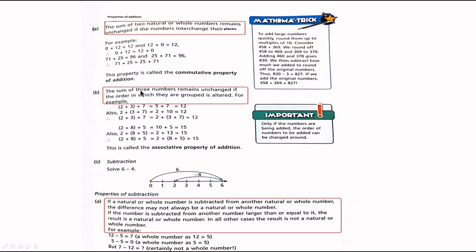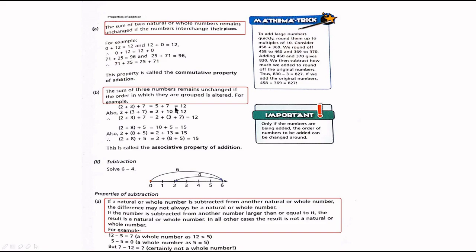B. The sum of three numbers remains unchanged if the order in which they are grouped is altered. For example, alter means change. If we change the grouping of the numbers, 2 plus 3 plus 7 is equal to 5 plus 7 is equal to 12.